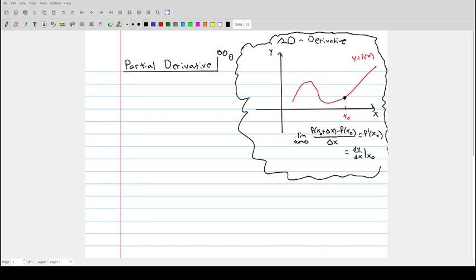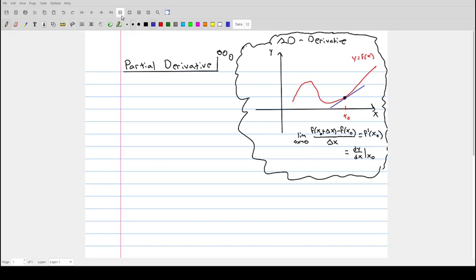So you'll remember that this idea essentially gives us the slope of what's said to be the tangent line of the function at a given point. So the slope of that tangent line, or the linear approximation of a function at a point, is exactly this limit.